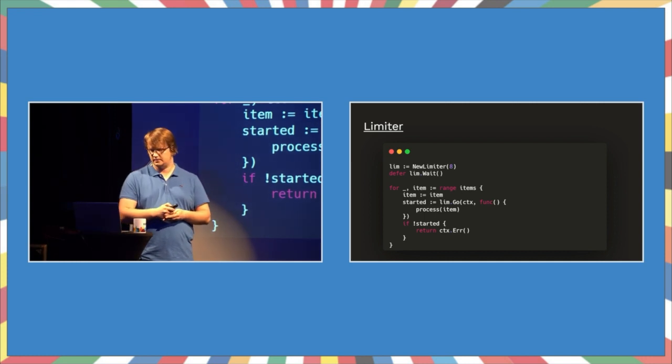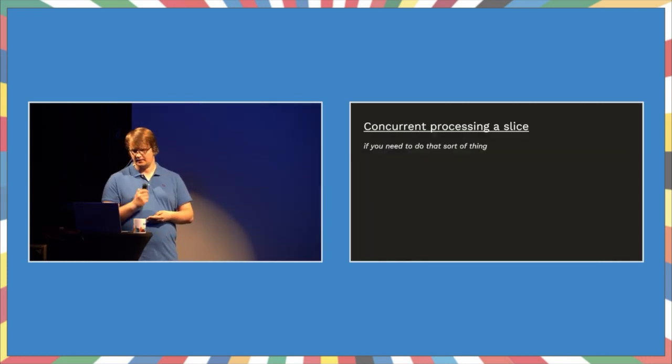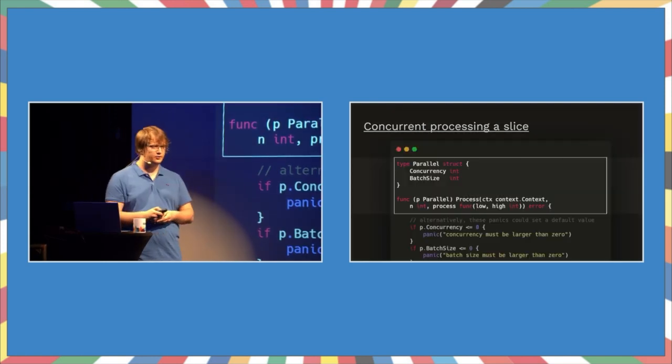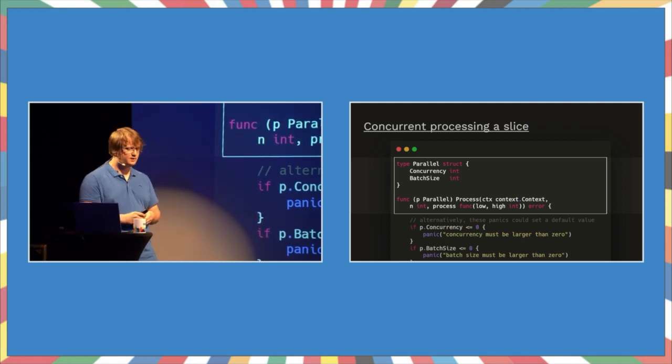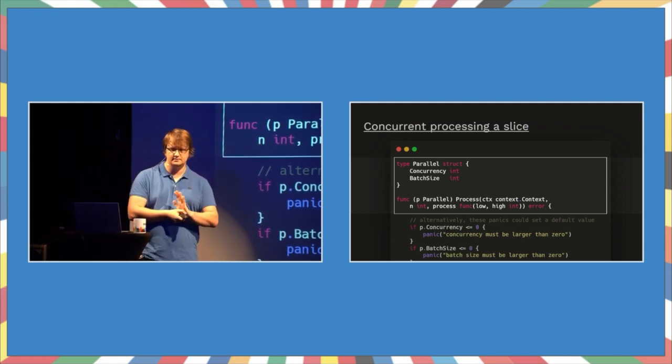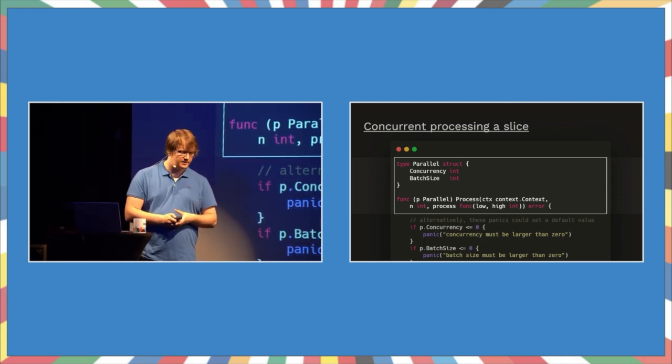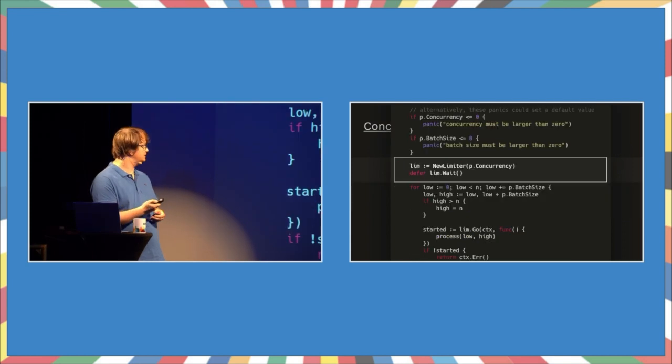So that's a limiter. Concurrent processing of a slice. Here I'll show a different way of defining your arguments to the concurrency primitive. Instead of passing them as an argument, you can create a struct that has a method. It makes a nice way to reuse your parameters. The code isn't too much different from the concurrently code base.